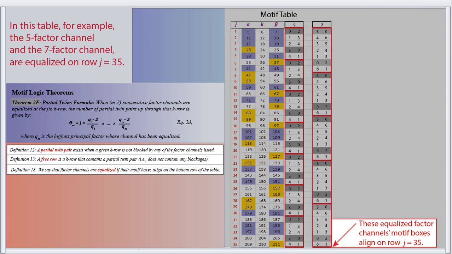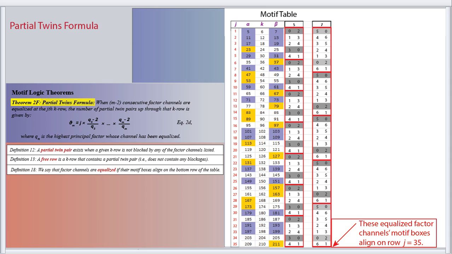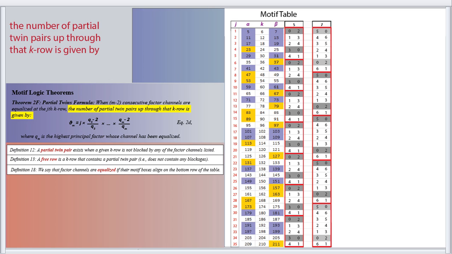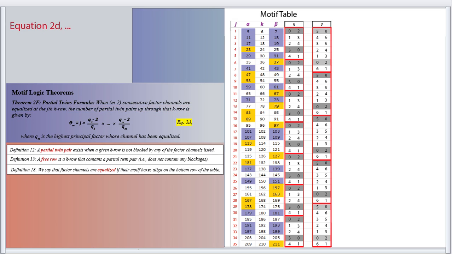Theorem 2f. Partial twins formula. When m minus 2 consecutive factor channels are equalized at the jth K-row, the number of partial twin pairs up through that K-row is given by equation 2d.